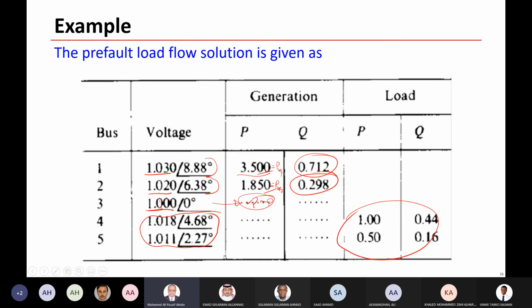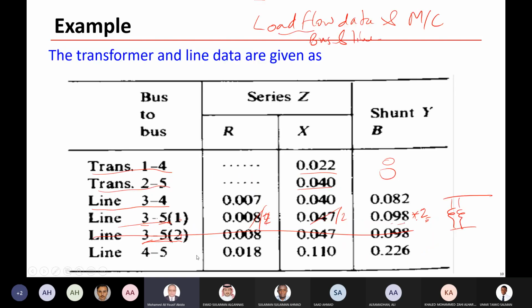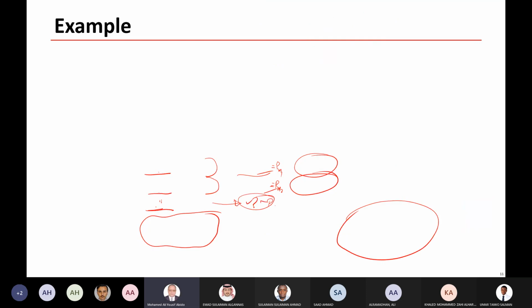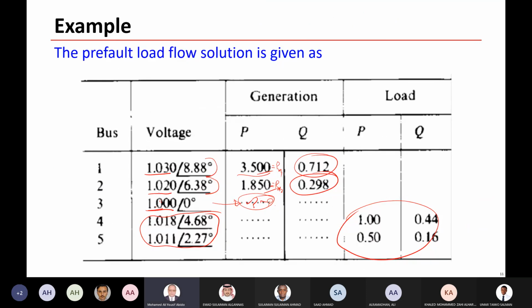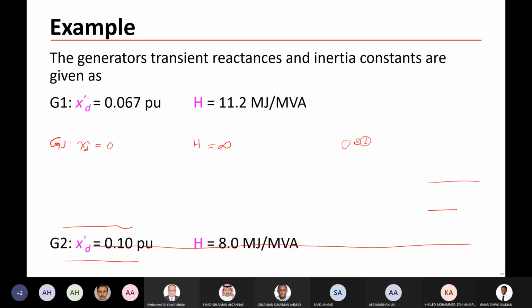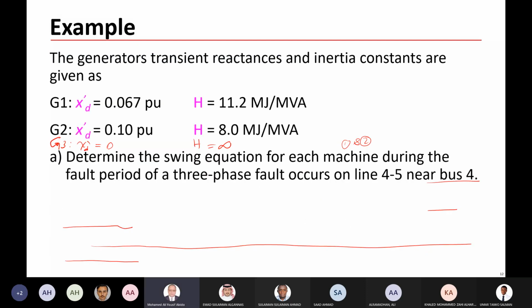طبعا احنا we can have another step, depends on the data. If the data are given for the same base, that's fine. Otherwise, you have to do some kind of per unit quantity changes. You have to adjust the per unit quantities.